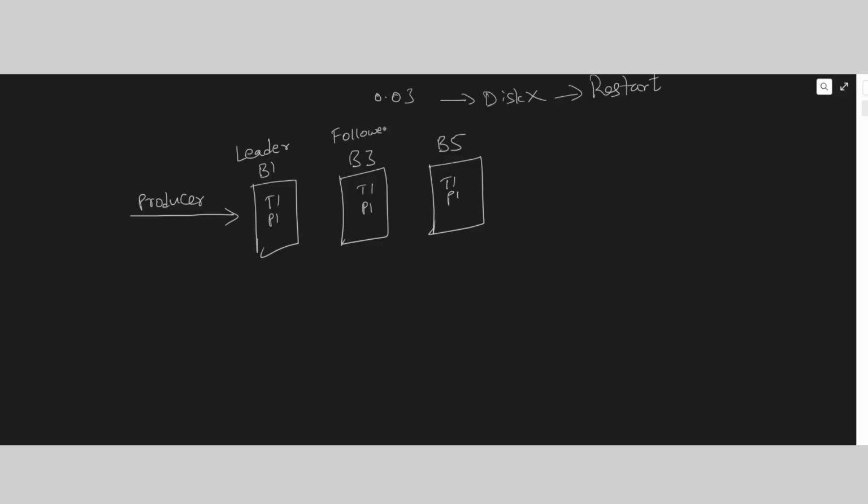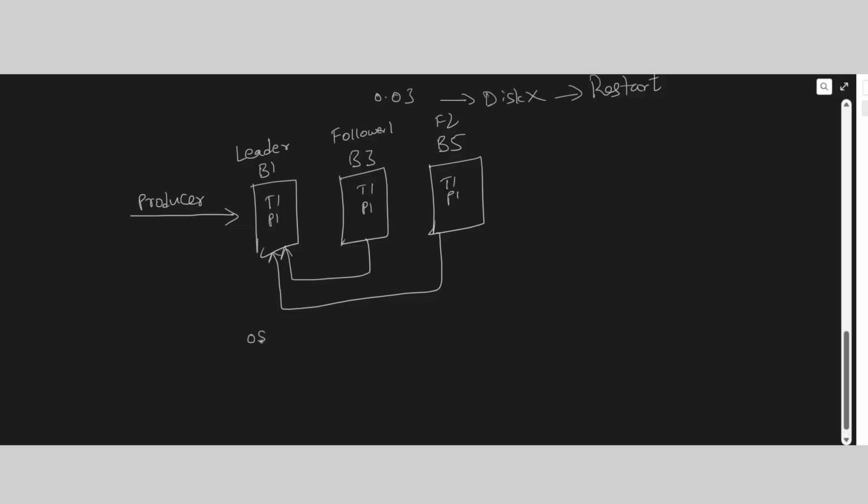So this is follower 1 and follower 2, which means when the message comes here, all the followers will continuously poll the leader and see if any new message has arrived. If so, they will copy it into their systems as well. Now in broker 1, we are storing the message in the OS page cache, right?